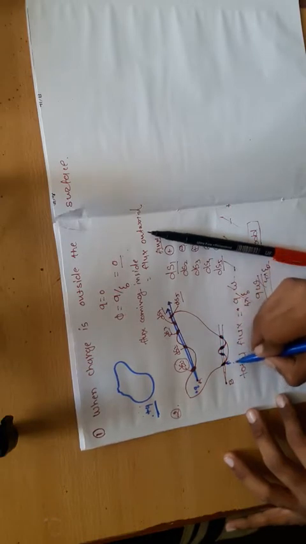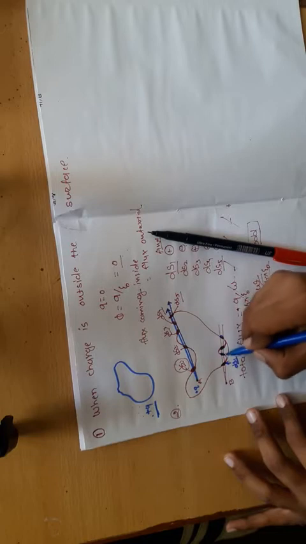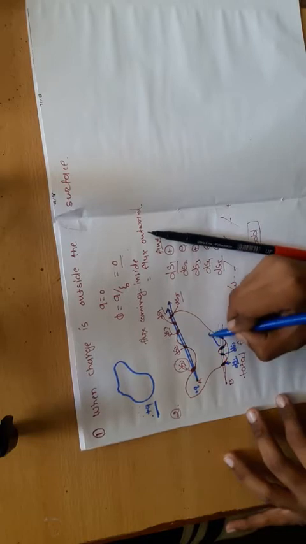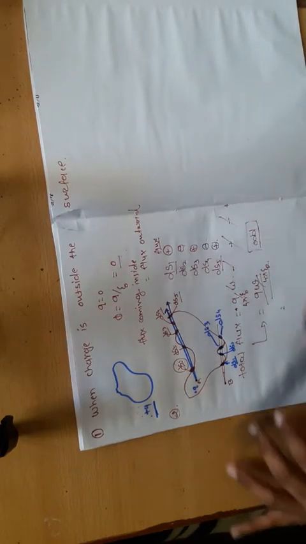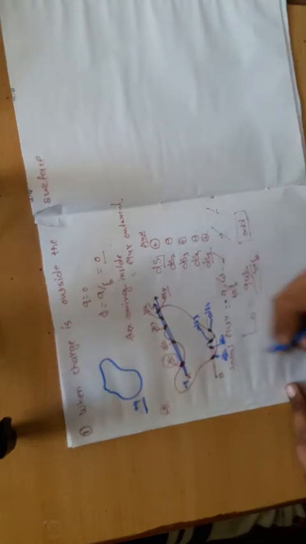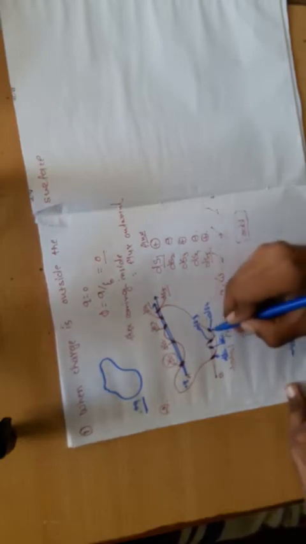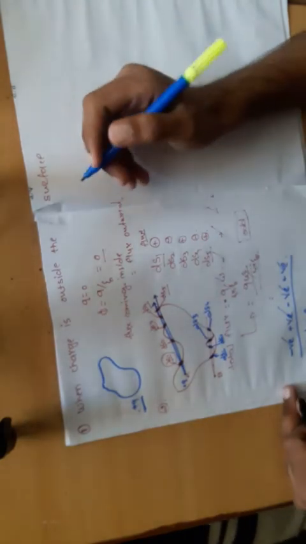For the flux, dS1 will be negative, for the second it will be positive, for the third negative, and for the fourth positive. So the total flux will be 0 because it cancels out.